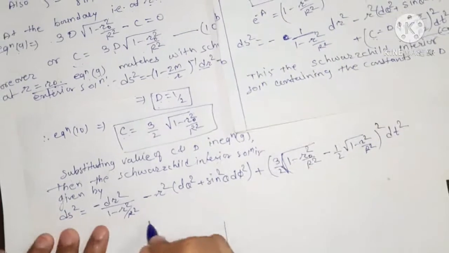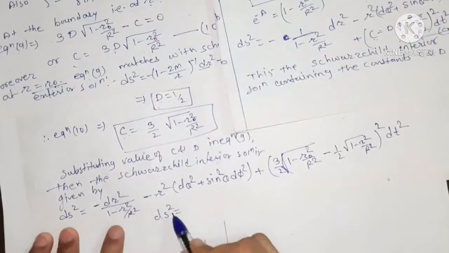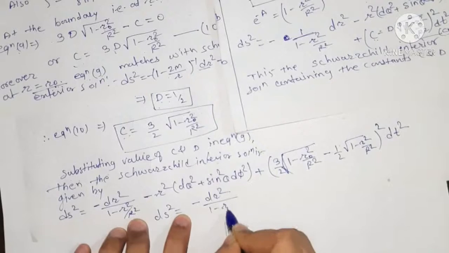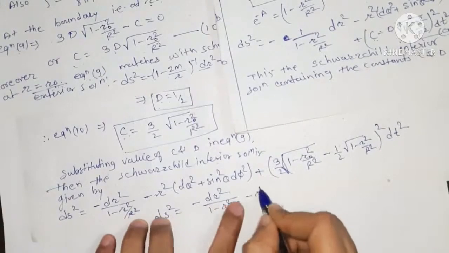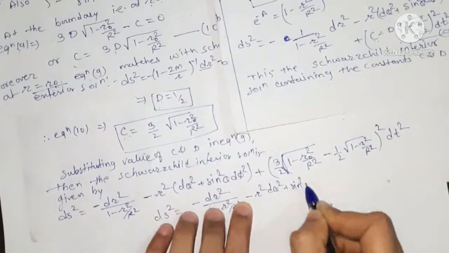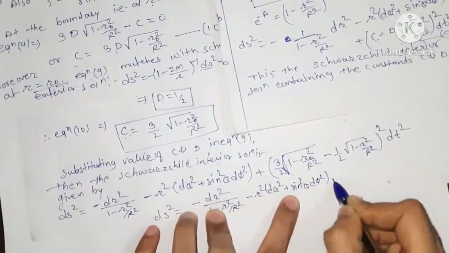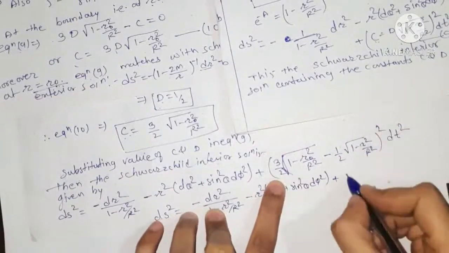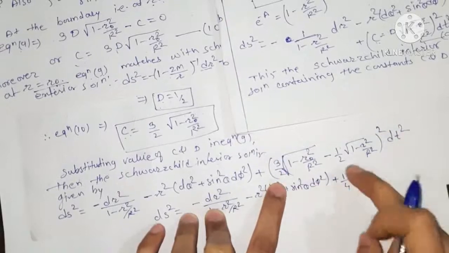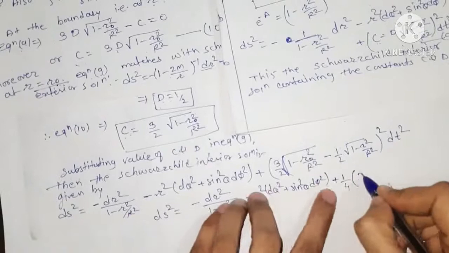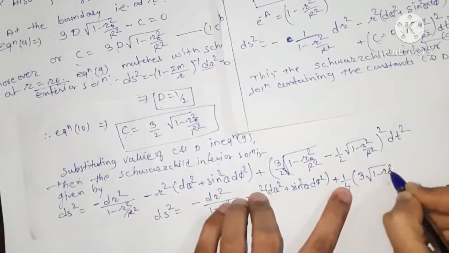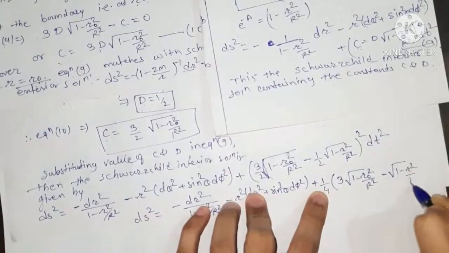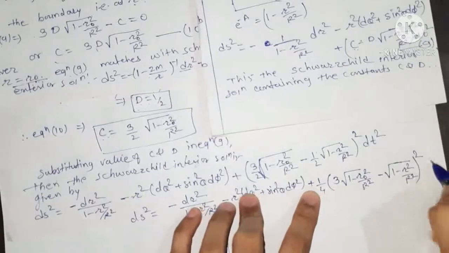So we write ds square equals to minus dr square upon 1 minus r square upon capital R square minus r square d theta square plus sin square theta d phi square plus, if we take the 1 upon 2 common, 1 upon 2 whole bracket square, so it is 1 upon 4. In a bracket we have 3 under root of 1 minus r0 square upon capital R square minus under root of 1 minus r square upon capital R square whole bracket square dt square.